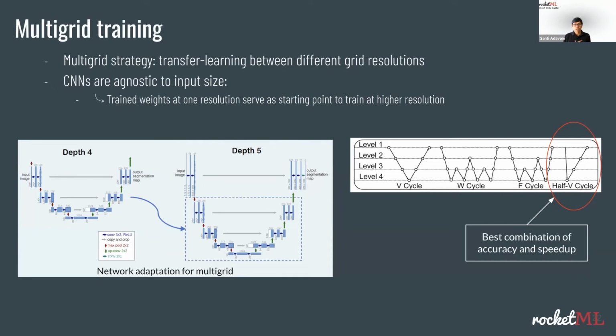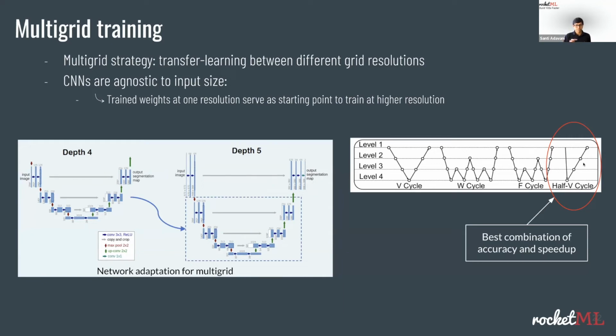When you start doing this, there are different ways to go in terms of training. You can start very fine, go all the way to coarse, and go all the way back to fine. You can do a W cycle, a half V cycle, a whole different set of architectures in terms of multigrid itself.